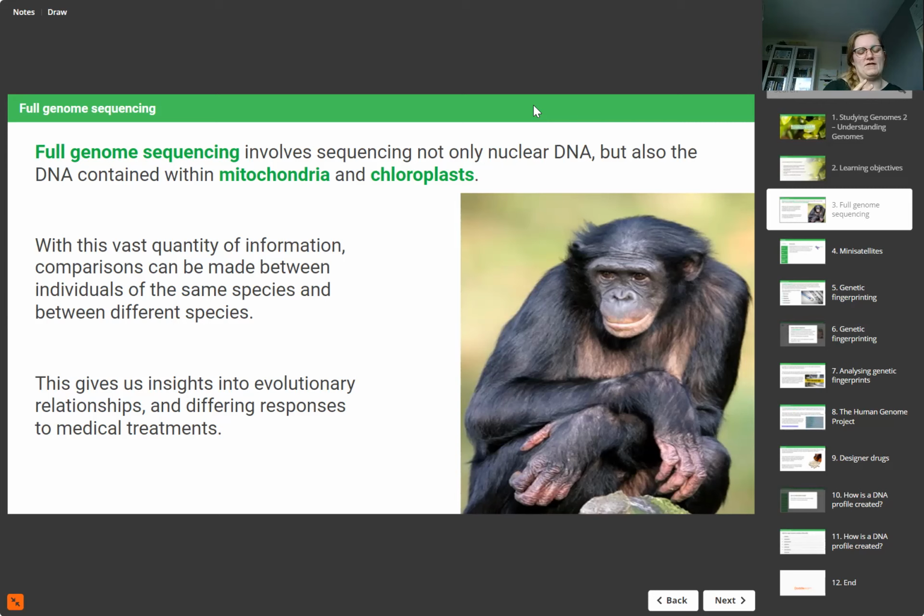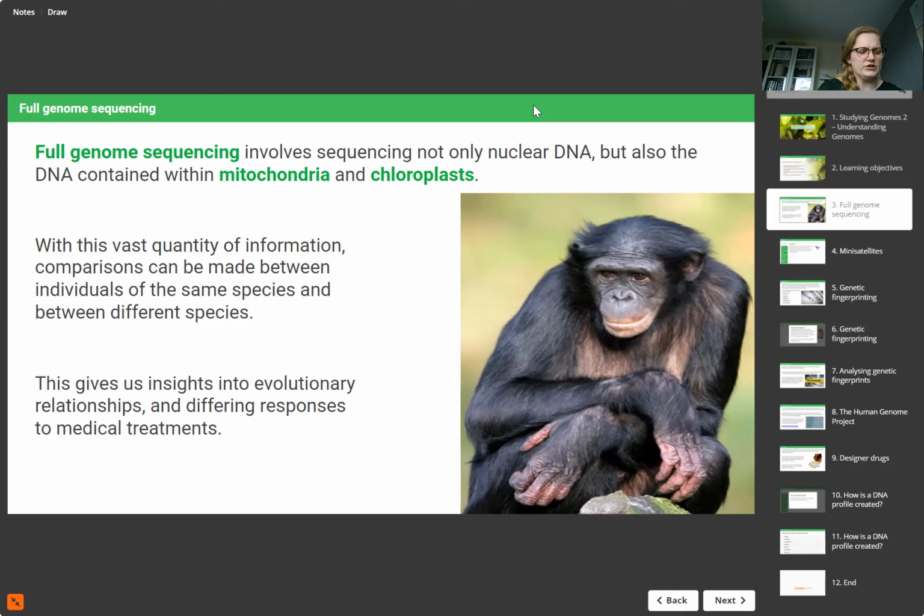So they had to break up all the DNA into smaller pieces, sequence them, and put them back in order. That took a long, long time. Now, sequencing a genome is really quick, and technologies have got super fast at doing it, but it's really important to remember it took a lot longer to do that.